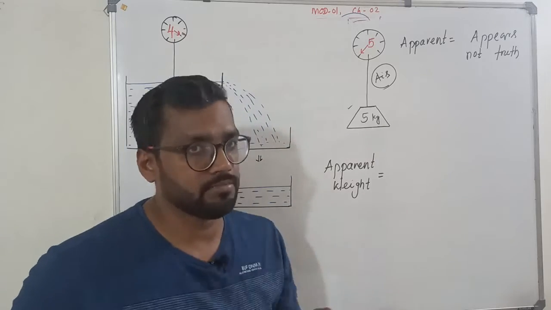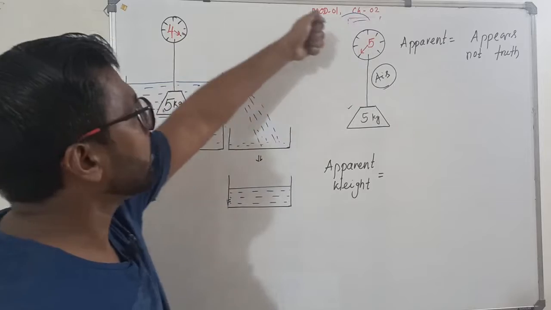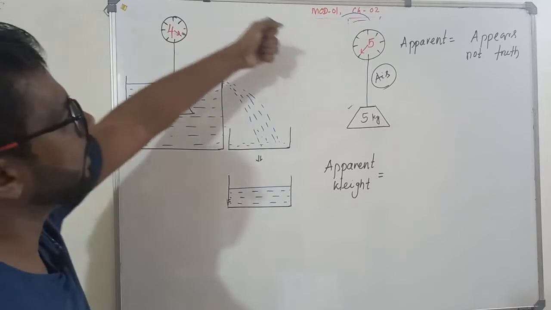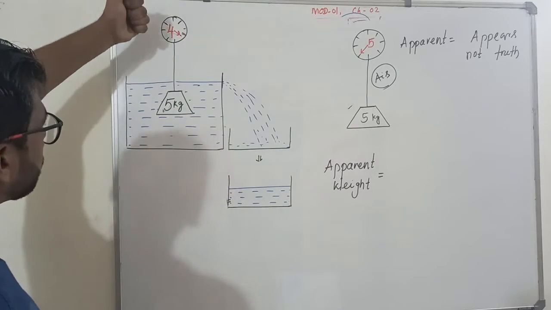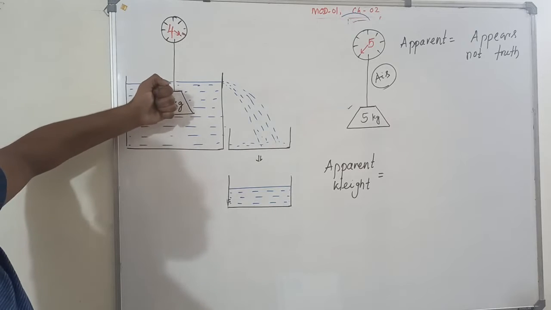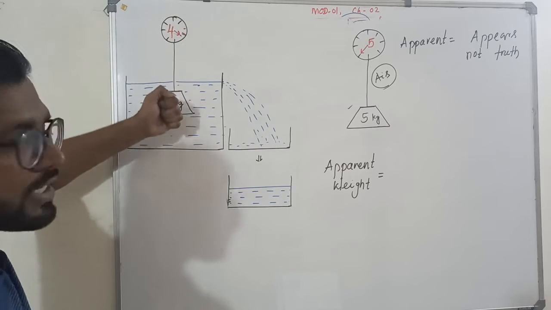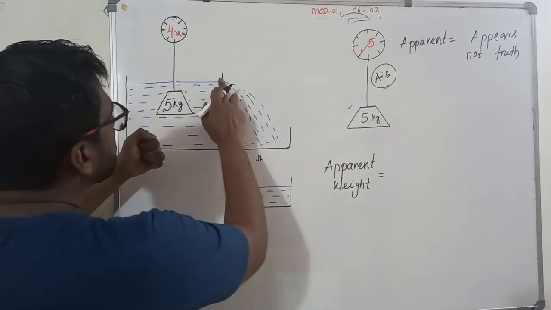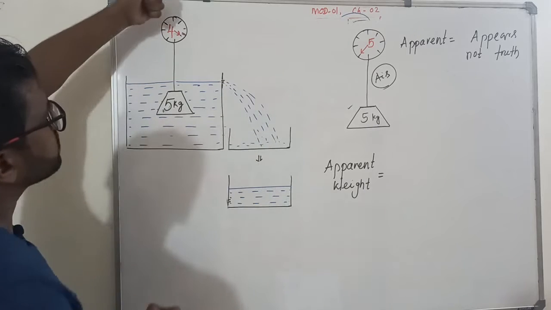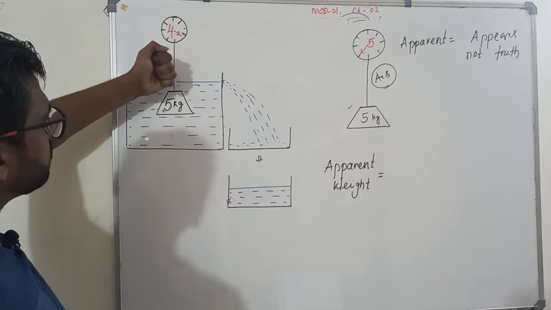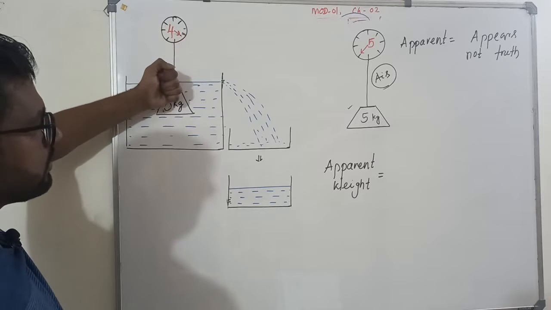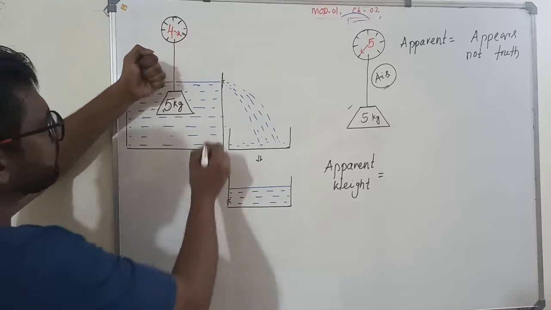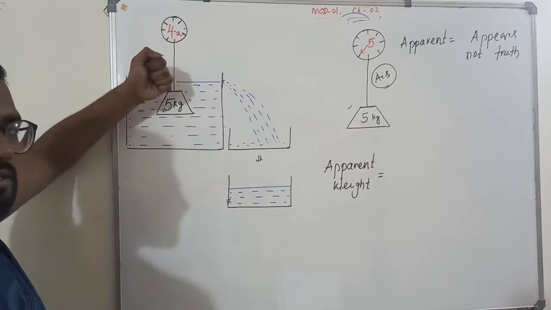That is your weight in air. Now I have taken the weighing balance along with the weight, and I have kept it inside a tube which has water, and let us say there is an opening here. As soon as I keep the 5 kg inside the water, this water will start displacing, yes or no?